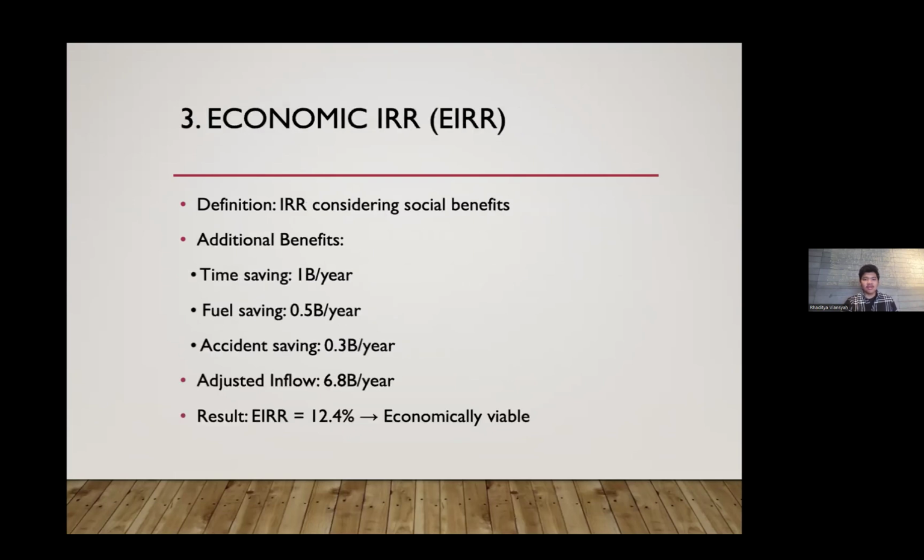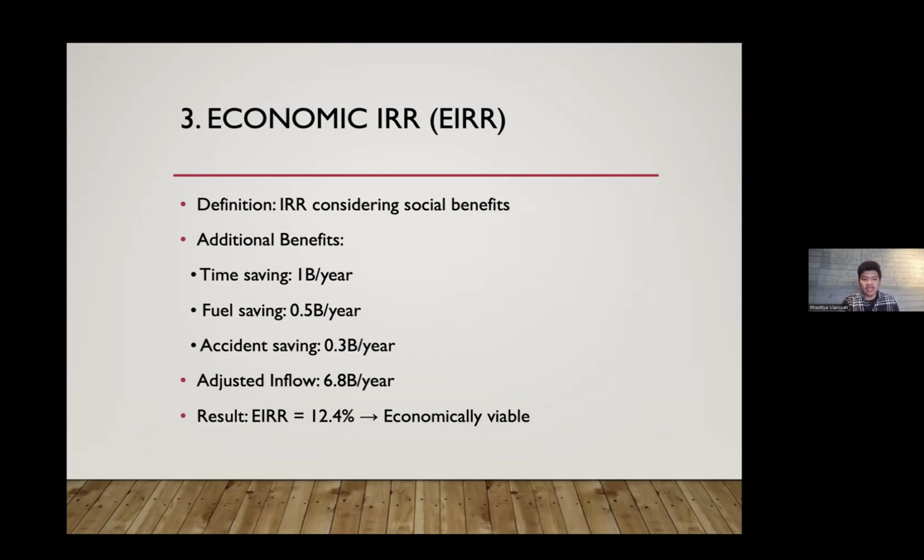Okay, moving on to the EIRR. So we have a time saving of 1 billion a year, a fuel saving of 0.5 billion a year, and an accident saving of around 0.3 billion per year, and an adjusted inflow of around 6.8 billion per year.